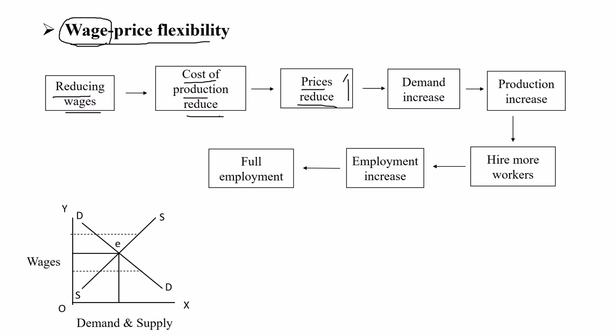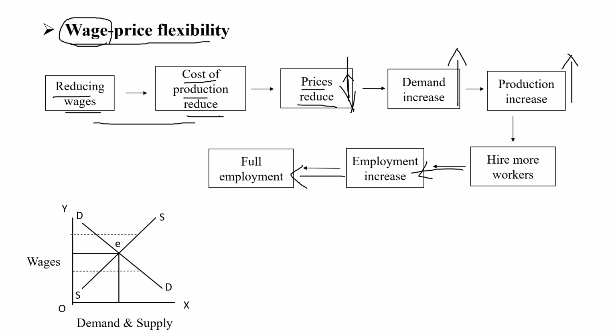Once the price of goods and services decreases, demand for goods and services increases. Once demand increases, production increases, then producers want to hire more workers, and employment increases. Then increased employment leads to full employment in the economy.